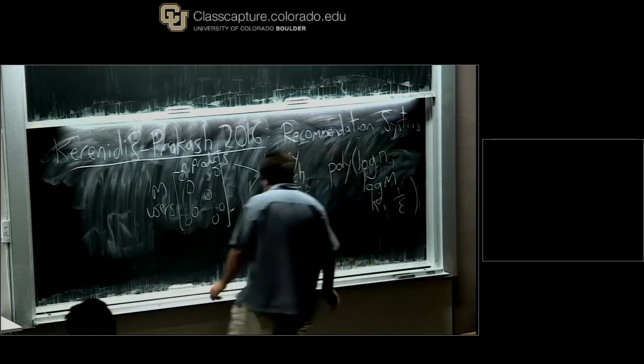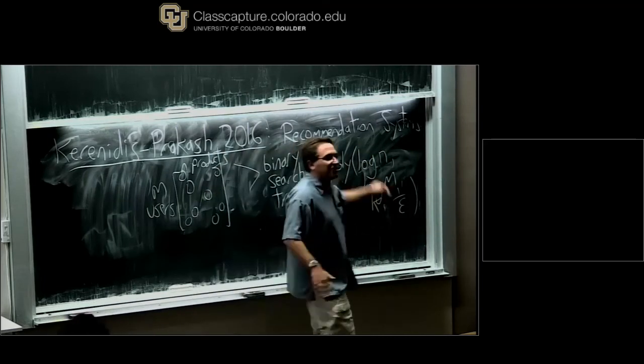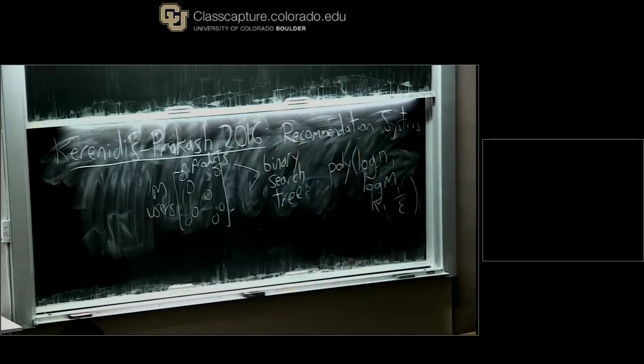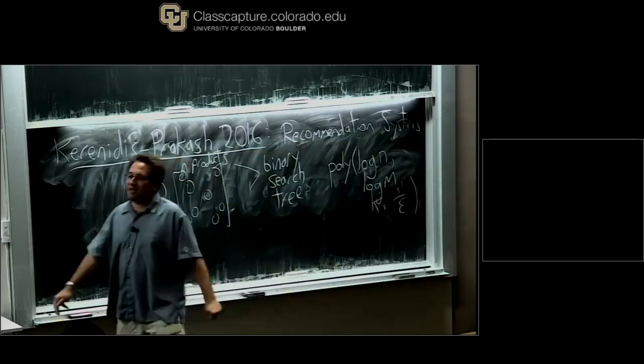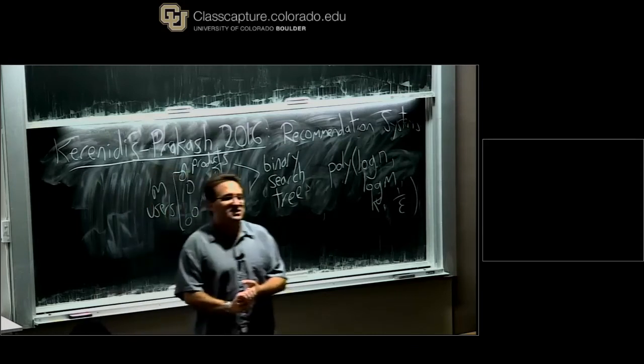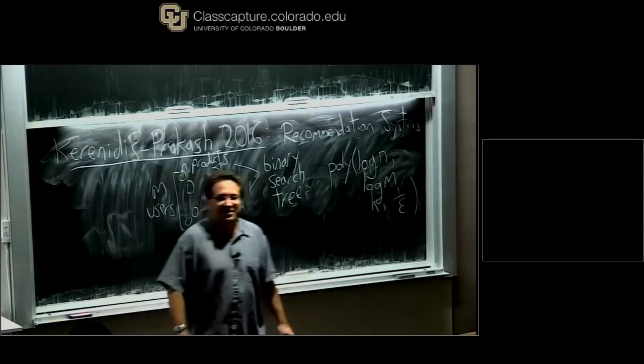Okay? But basically, it is polylogarithmic time. You should think of polylog in the size of the matrix. And so that was an exponential improvement over the best that anyone knew how to do classically, right?